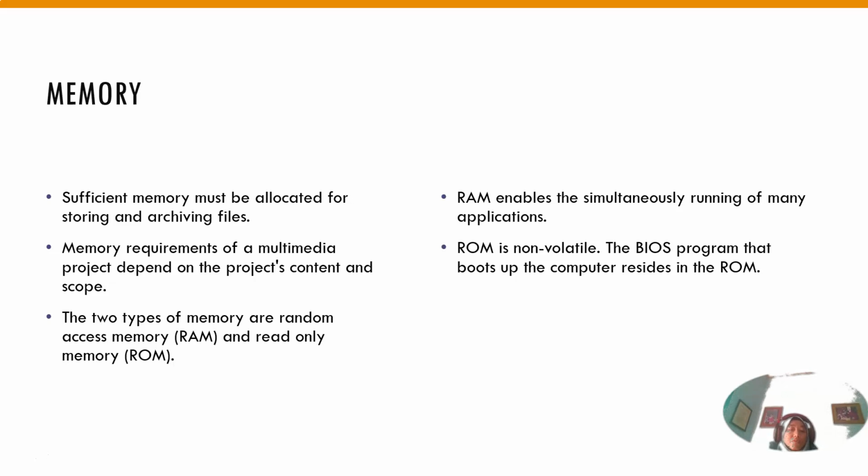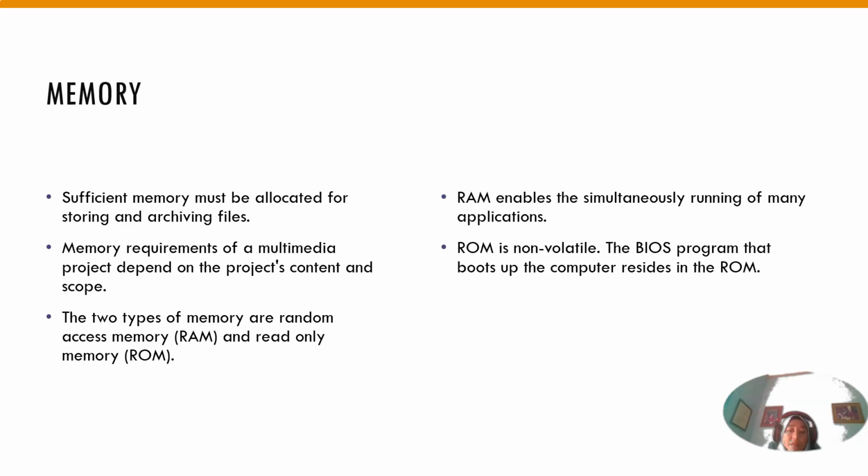The memory is one important hardware device that you need to have. You have to type here RAM and ROM. RAM is random access memory, ROM is read-only memory. ROM you cannot change. For example, your BIOS setting of the computer itself is fixed, you cannot change it.